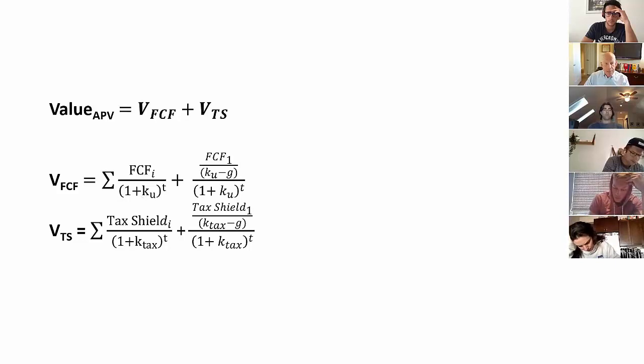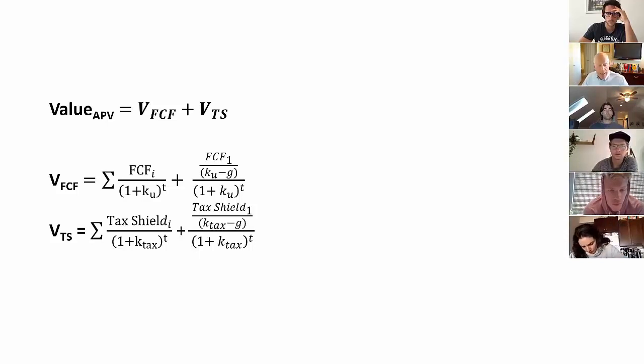Because if we use the same discount rate that we used for the free cash flow model, let's say we used WACC, it's going to come up with a different value, isn't it? It's going to come up with our free cash flow model value plus some additional amount. And that's not the intended outcome. The intended outcome is a similar value to that which is given by the free cash flow model. So that must mean that the discount rates themselves are different.